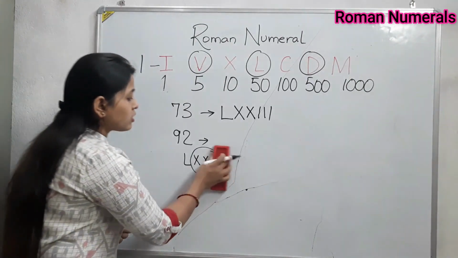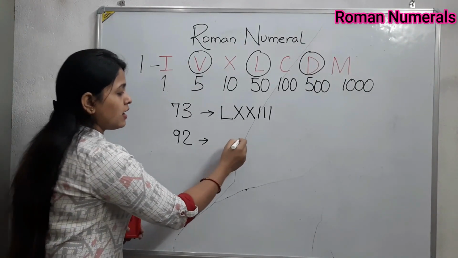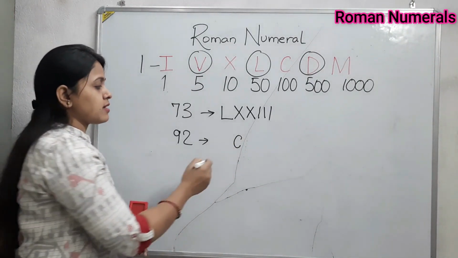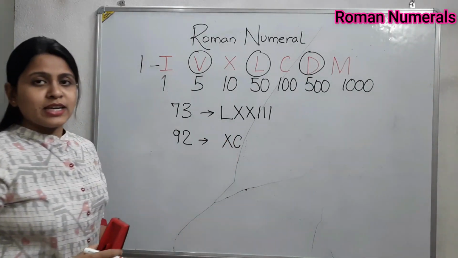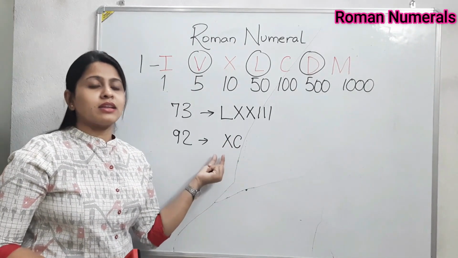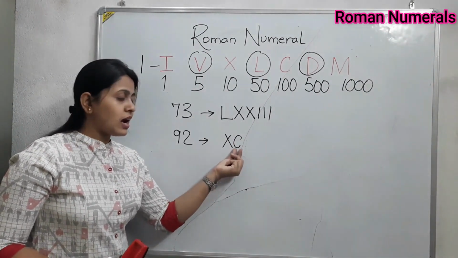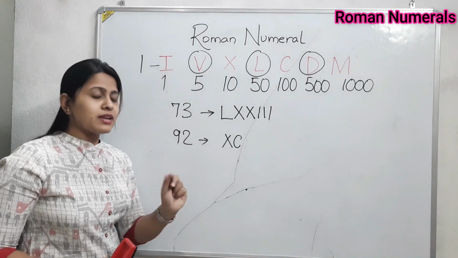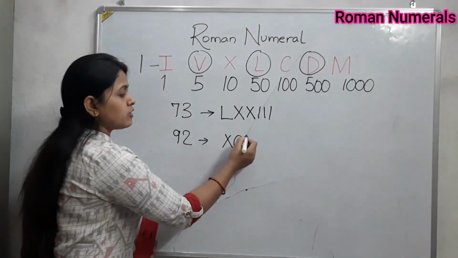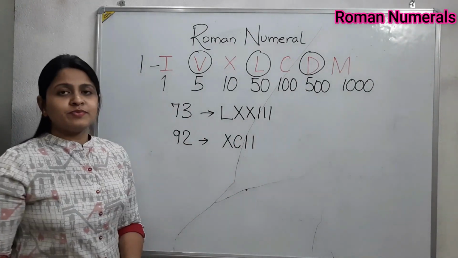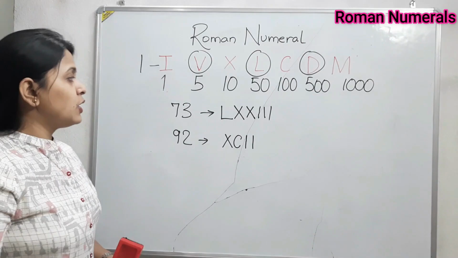But for 90 what do we have to do? We have to write 100 minus 10. That is 90. The number written to the left means minus. So 100 minus 10 is 90 and we need 92, so we add 2 here. So this is 92.